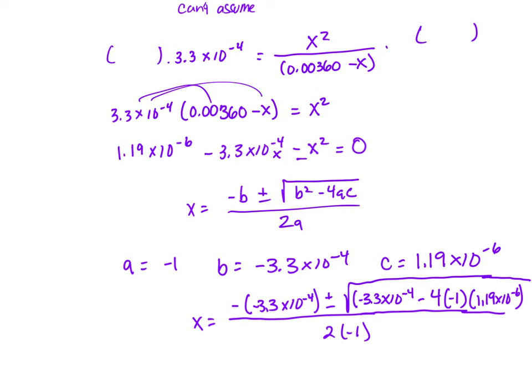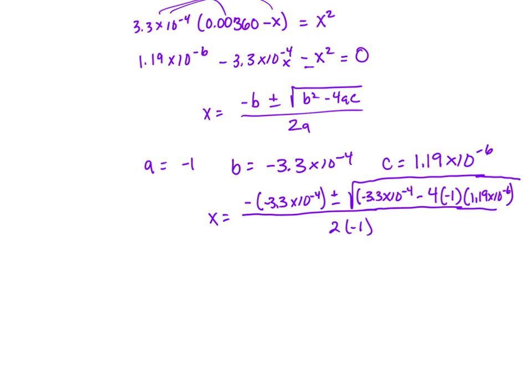So everything under the square root, including the square root, is equal to 2.21 times 10 to the minus 3. I like to solve everything in here just to make things a little bit easier. And then this is all divided by minus 2.